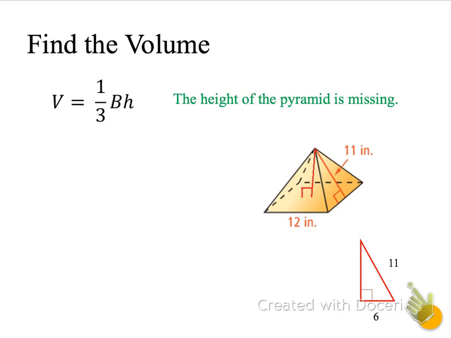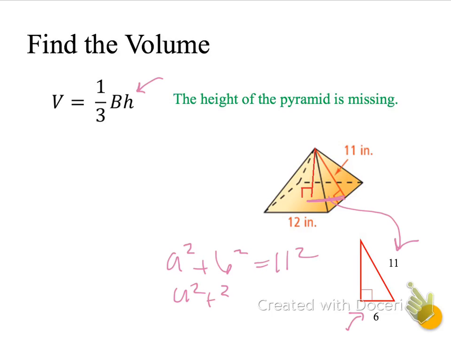Okay, so the height of this pyramid is missing, because we don't want the slant height this time, we want the regular height. So if I build this triangle out, it's going to have that slant of 11, and if this entire base is 12, I need half of it to make this triangle on the inside, so that's why this base of this is 6. Okay, so what I can do is Pythagorean theorem again. So a squared plus 6 squared equals 11 squared.